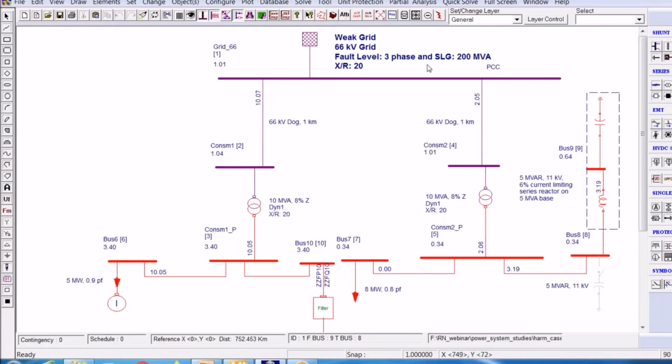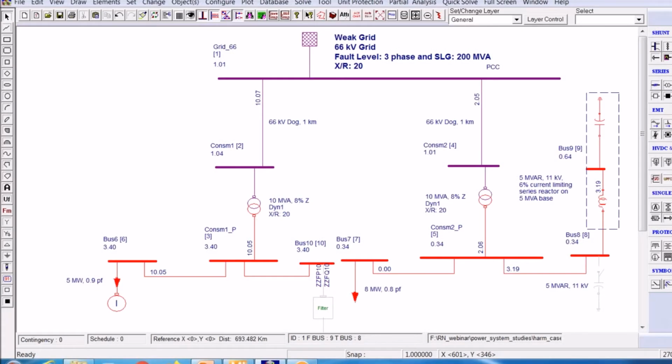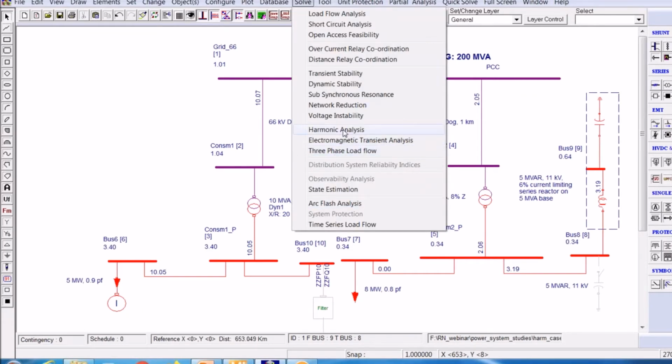Okay. Therefore, in this case, the fault level is less. ISC by IL is lower because the fault level is only 200 MVA. Now let us see what will happen corresponding to that without a filter. Afterwards, we'll design a filter. Therefore, without the filter, what will happen when you do the harmonic analysis?